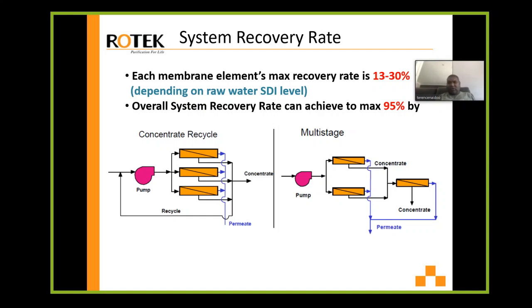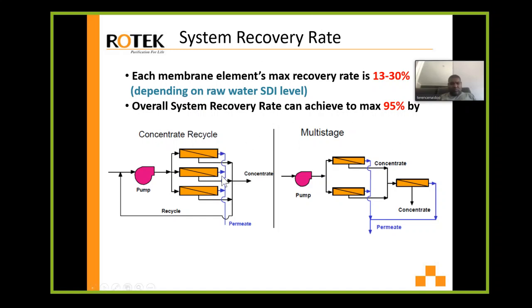Basically each membrane element's maximum recovery rate is only 13 to 30%. In order to achieve the overall system recovery rate of maximum 95%, we use the below two strategies: concentrate recirculation and multistage.